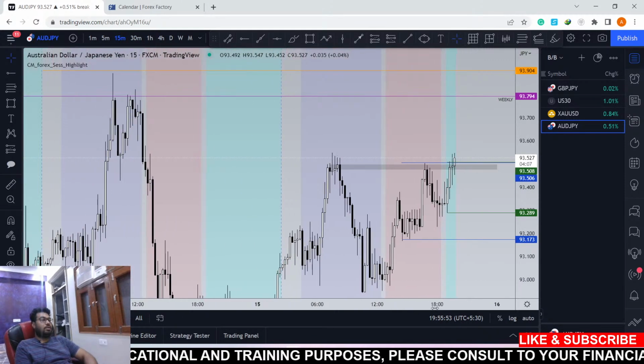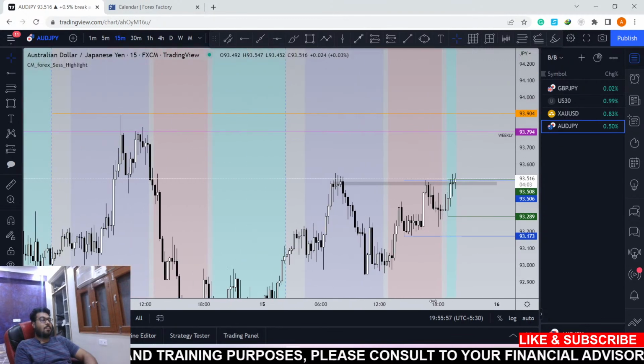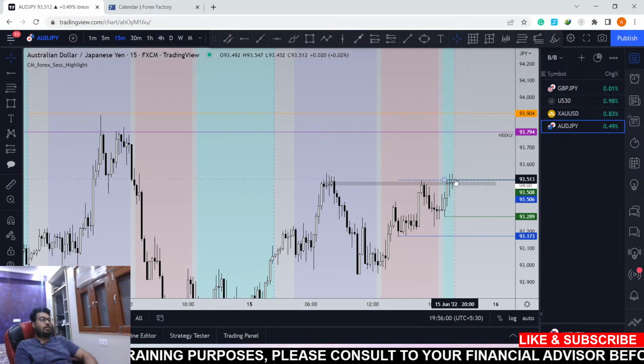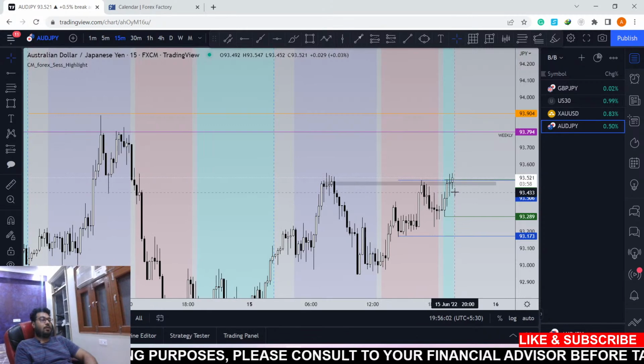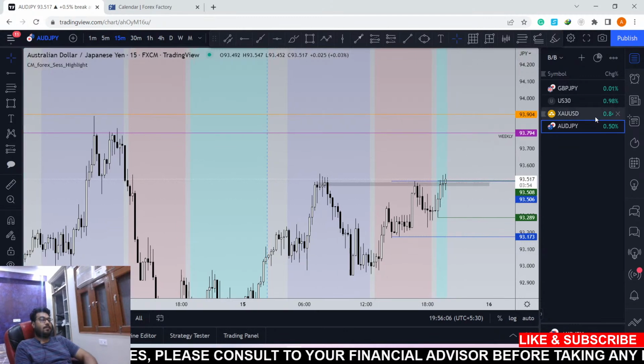So it is very important to wait for the candle to see how bullish it is before taking that trade.